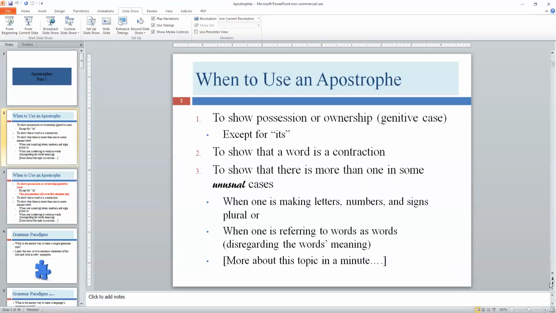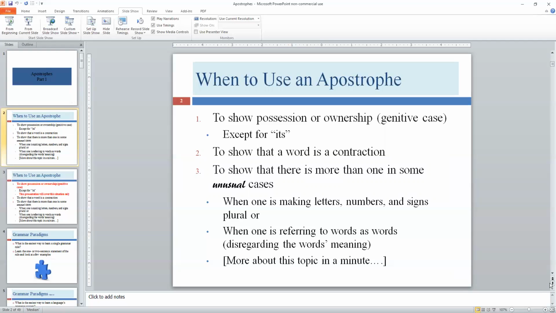But there are two other relatively common times we use apostrophes. One is to show that a word is a contraction, and we'll talk more about that in our second series of lectures on apostrophes. And then the third is kind of a weird category. People have differing opinions about whether this is a good category to use apostrophes for or not.